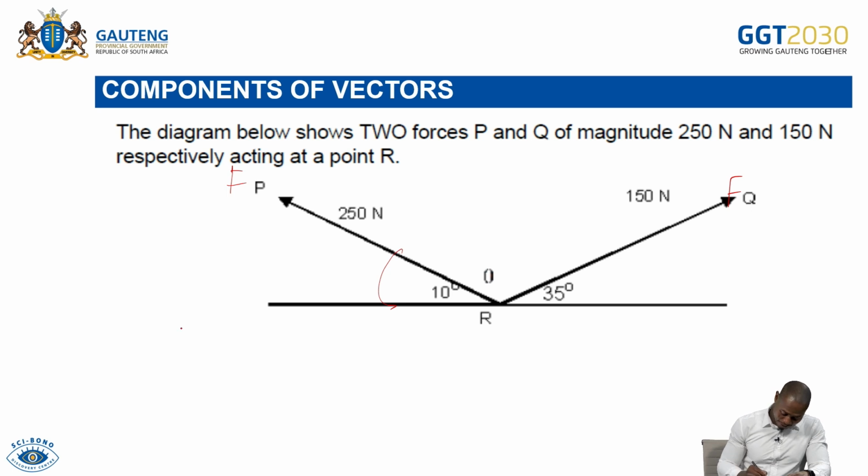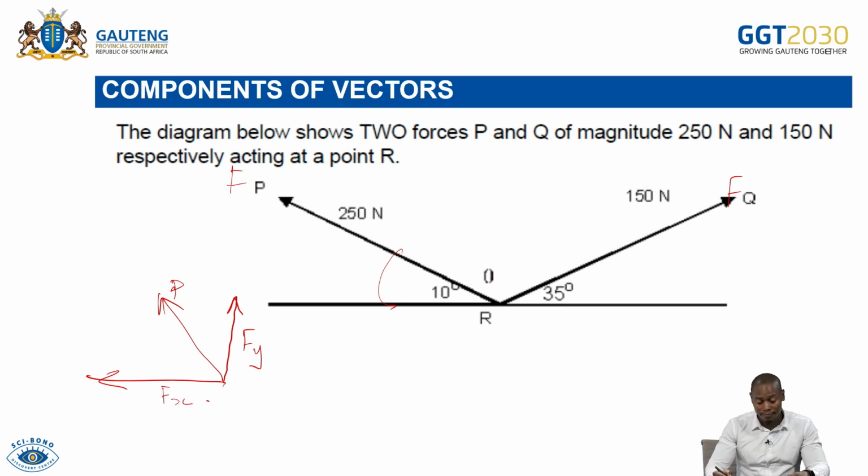I have this force, which is P. Then I need to resolve tail to tail. Let's not forget, this is Fy and this is Fx. What is important here is that to be able to resolve, you must understand how the tail to tail method works.